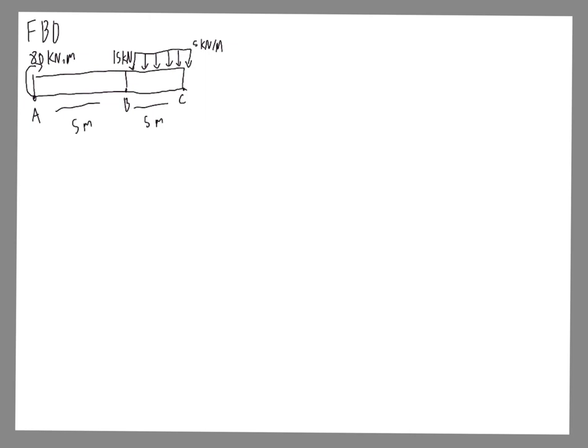Alright, good deal. So we have a pin. It's another important thing we discussed in the last video. And we have a roller at A. Now, this right here is called a distributed load. In statics, they taught you a way to solve this.